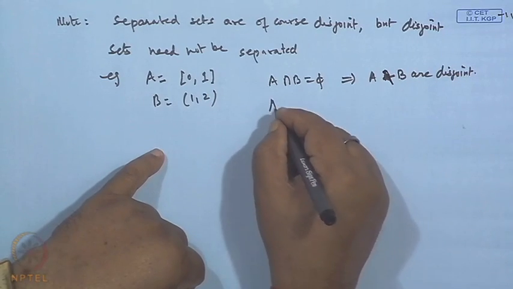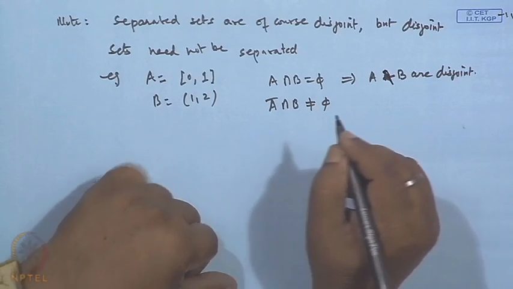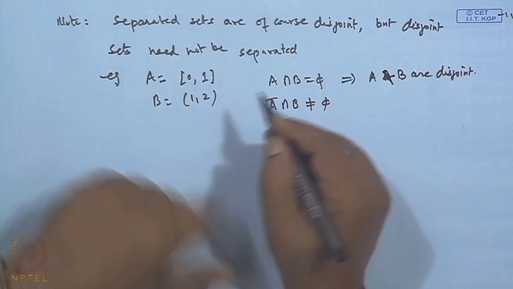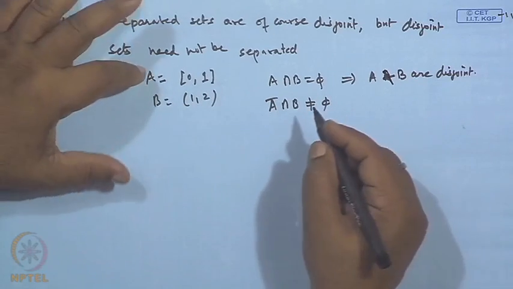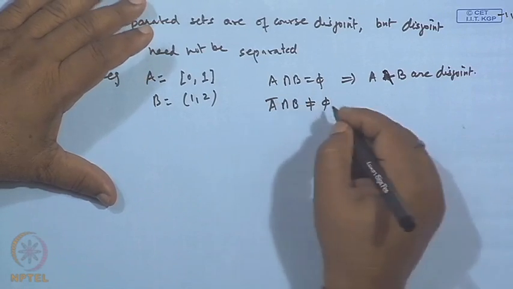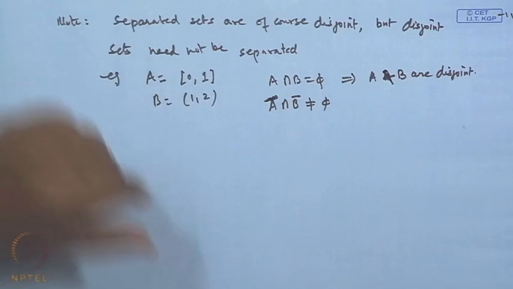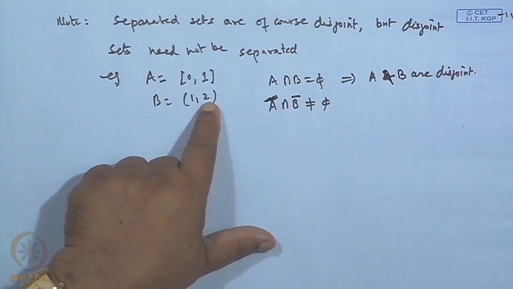but A bar intersection B, sorry, A intersection B bar is not empty, because when you take the closure of this, 1 is the limit point, 2 is also a limit point.